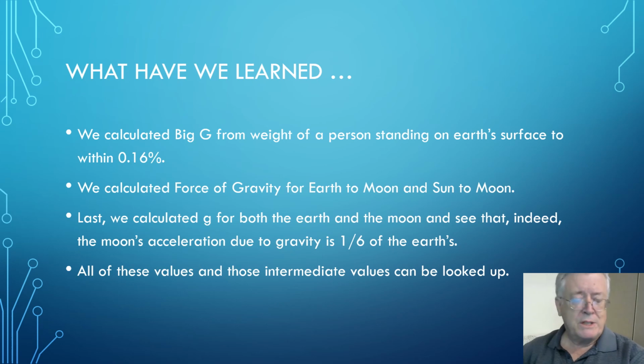I would just give you a little side note here. Everybody wonders sometimes why the sun doesn't steal the moon away from the Earth. And you notice that our calculation for the gravity of the sun and moon was twice as big as that of the Earth, which is not a whole lot.